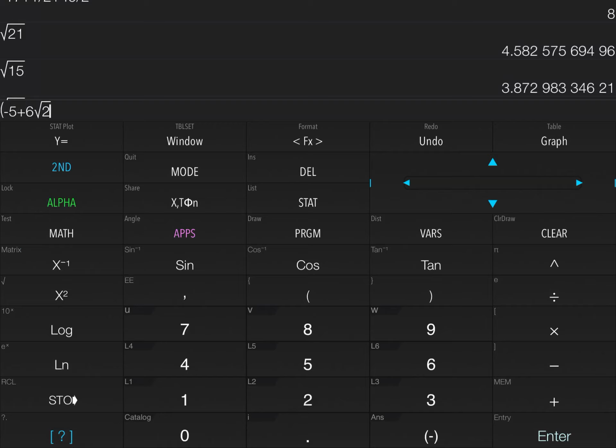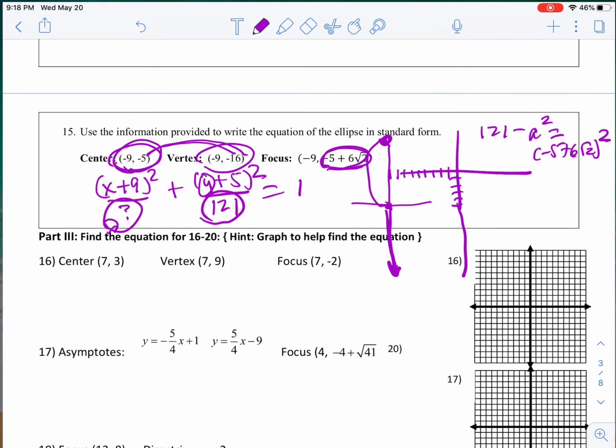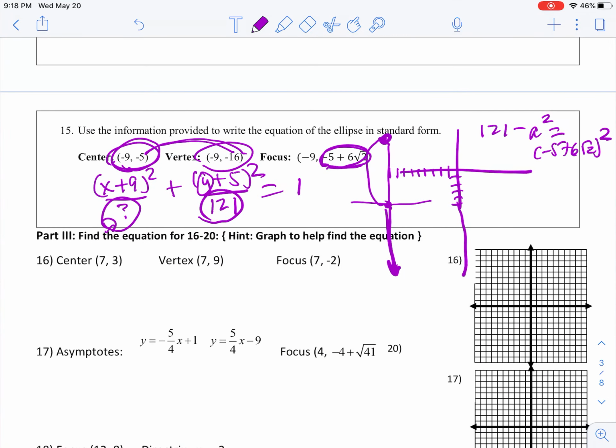All right, so that gives me 121.147. Let's see, I thought I would get something different. Just a minute. Oh, I know what I did wrong. Sorry, I was expecting a different number. I know what I did wrong.